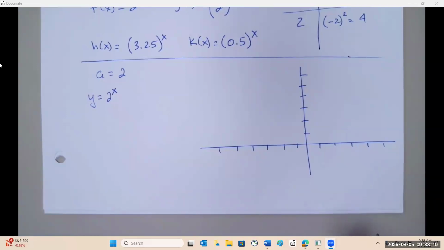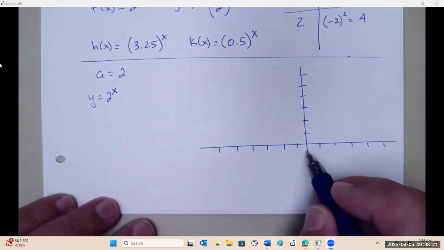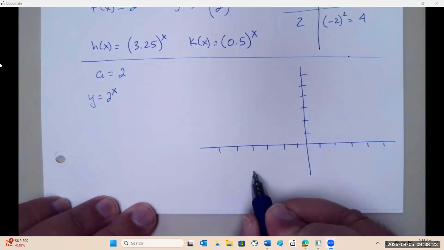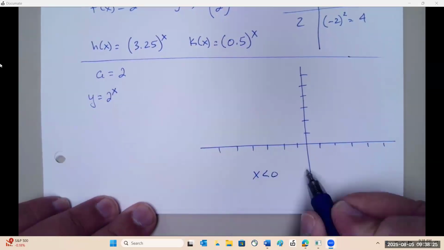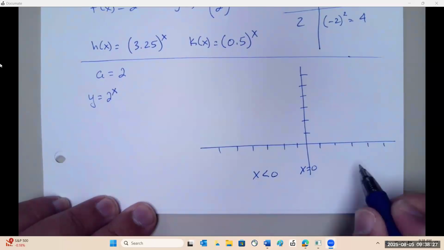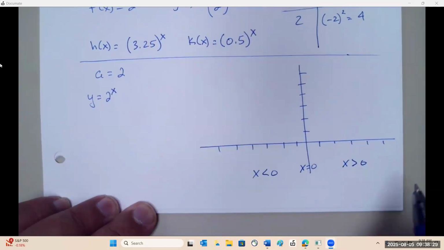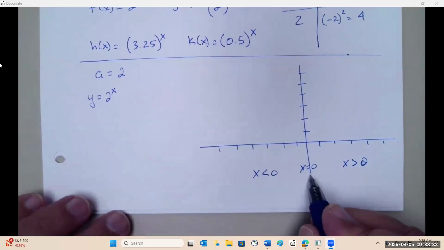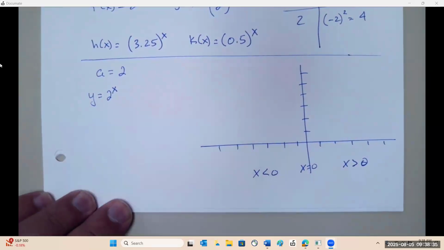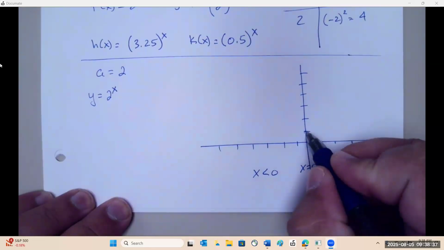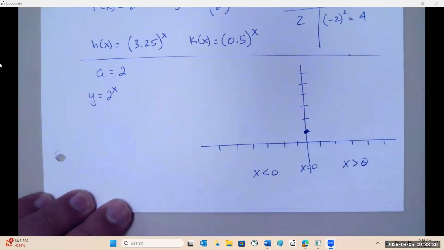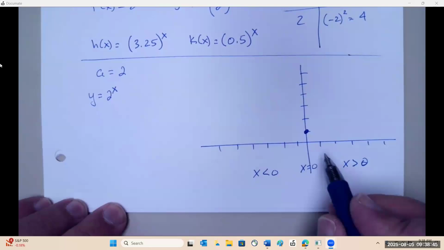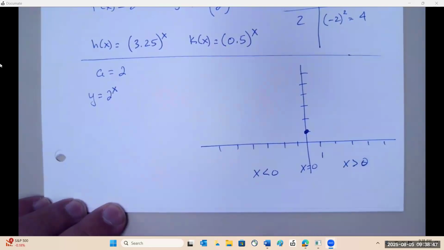Let's see what this graph looks like. So x can be negative, x can equal 0, and x can be greater than 0. It can be positive. So when x equals 0, what's the answer? 1. And that's constant. All exponential functions will cross through 1. Now, when x is 1, what is the answer?